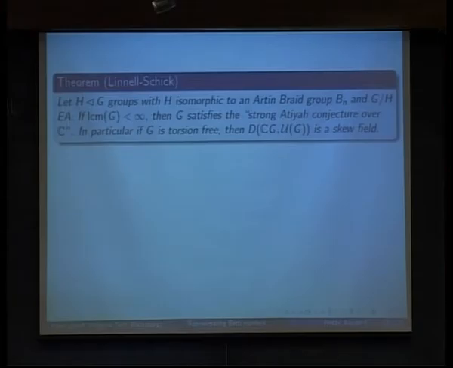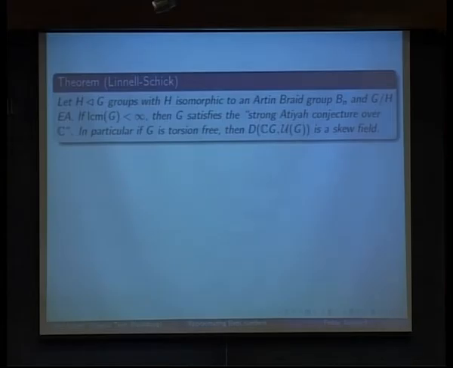So we have the following result: if H is normal in G, with H isomorphic, well, there are several variations of this, to an Artin braid group Bn and G over H elementary amenable, and if the orders of finite subgroups of G are bounded, then G satisfies the strong Atiyah conjecture over C. In particular, if G is torsion free, and I haven't said what it means when G has torsion, but in the torsion-free case it means that the division closure of CG in U of G is a skew field.